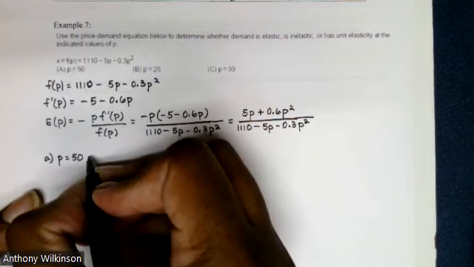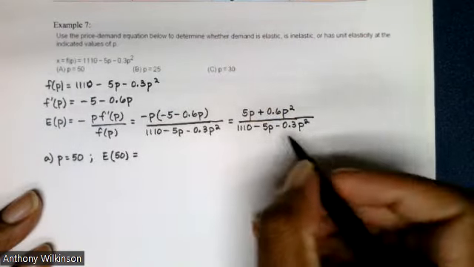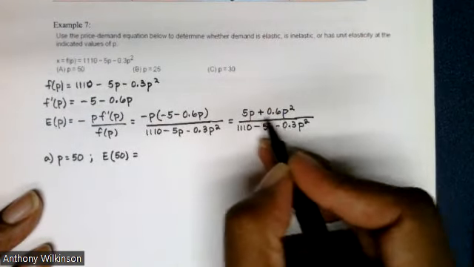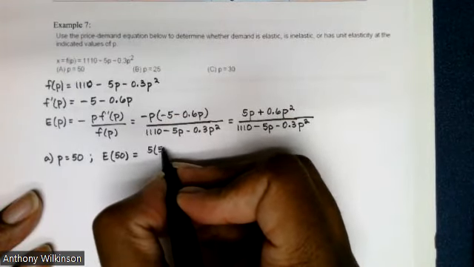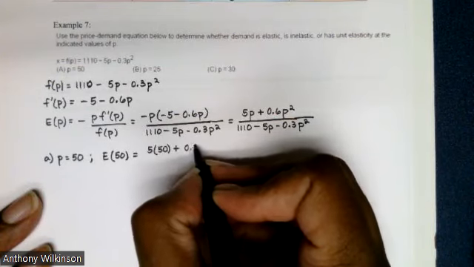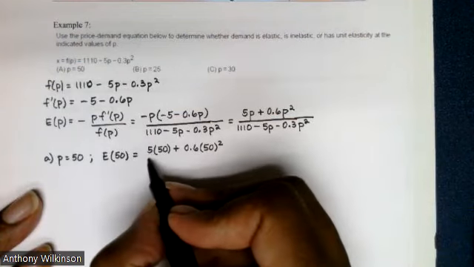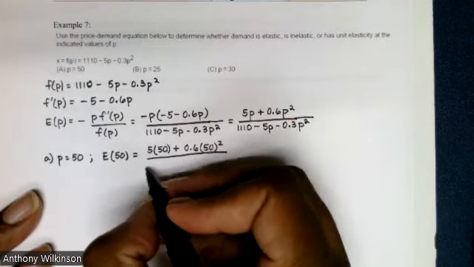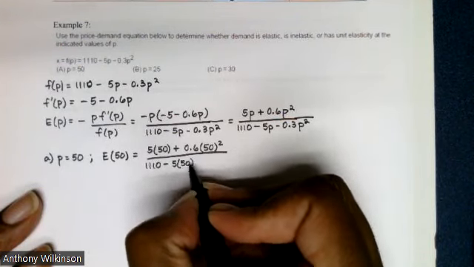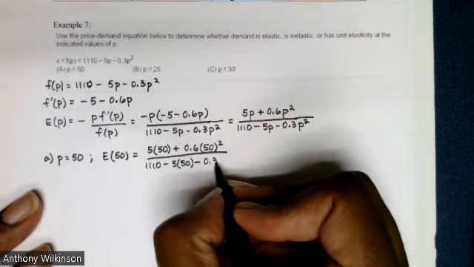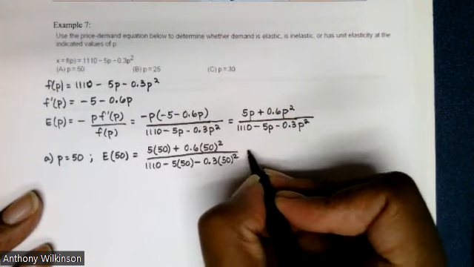So that means E of P or E of 50 will be equal to this. We take this, replace each P with 50. So it'll be in the numerator 5 times 50 plus 0.6 times 50, and that's going to be squared, divided by 1110 minus 5 times P, which is 50, minus 0.3 times P squared, which is 50, and that's going to be squared.